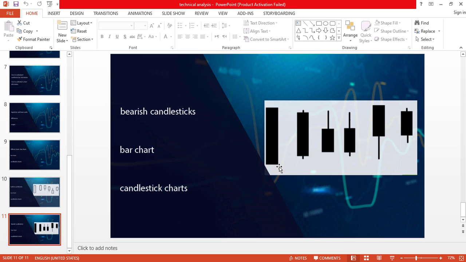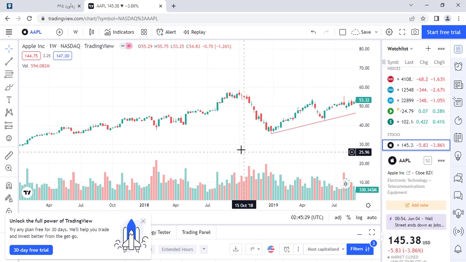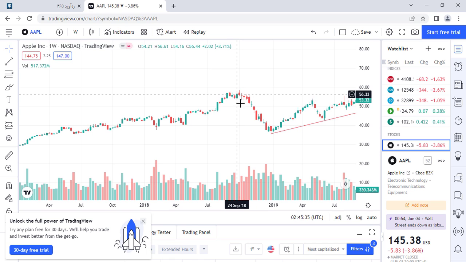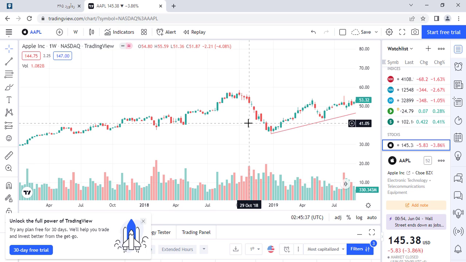This is a solid bar bearish candle. This is the most powerful candle that you can see. You need to pay attention to the area that this candle is in, and also the volume of that candle.